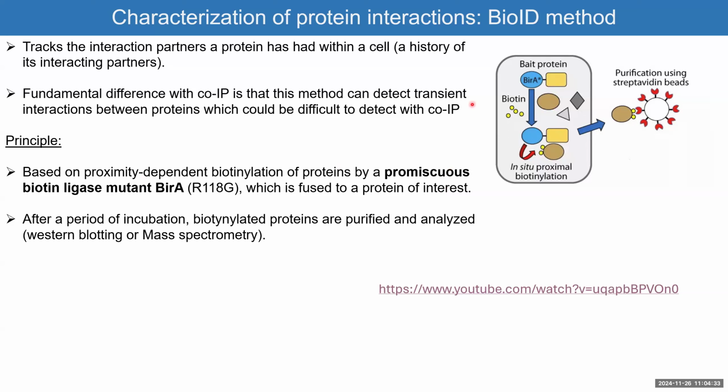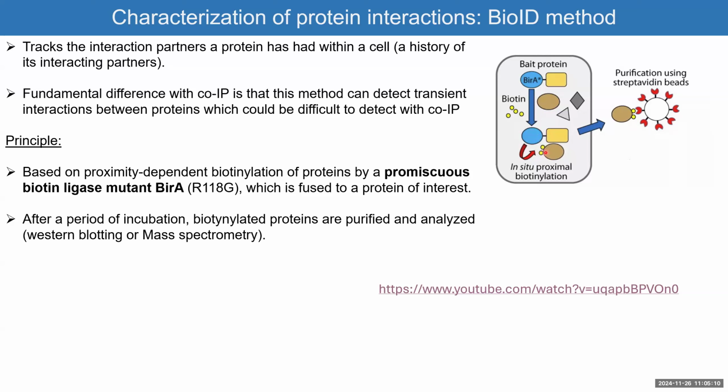I make a fusion of my protein of interest and BirA. Every time BirA adds a biotin to a protein, it is possible that my protein of interest is bound to that protein, because this way these two proteins become very close to each other, and that allows BirA to add the biotin to that protein.